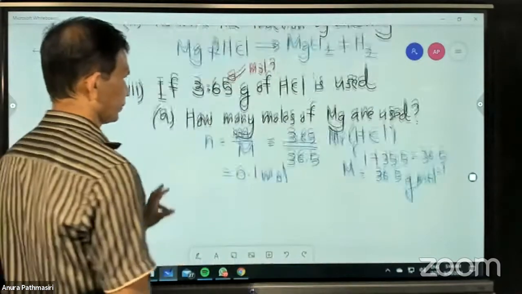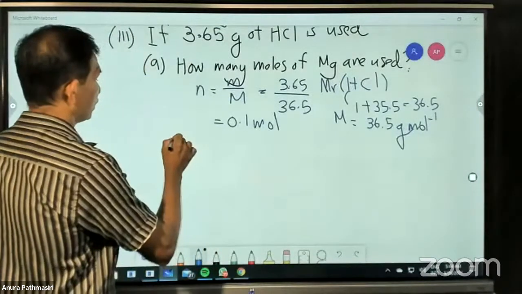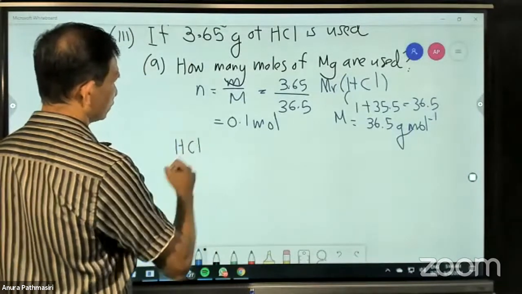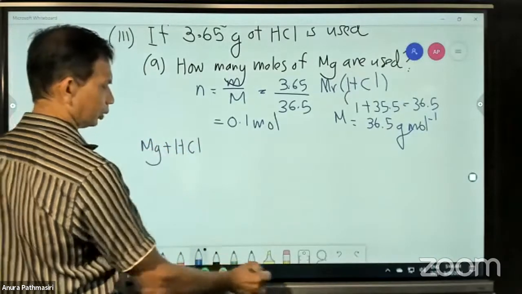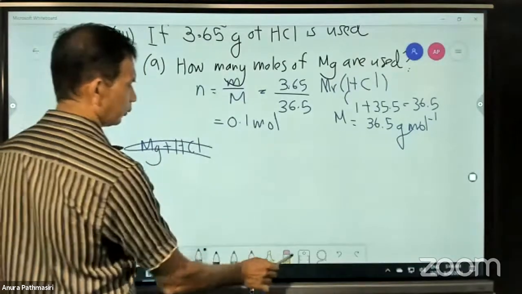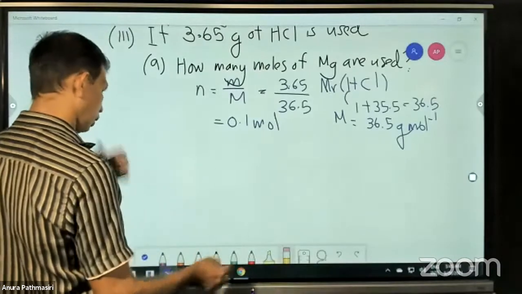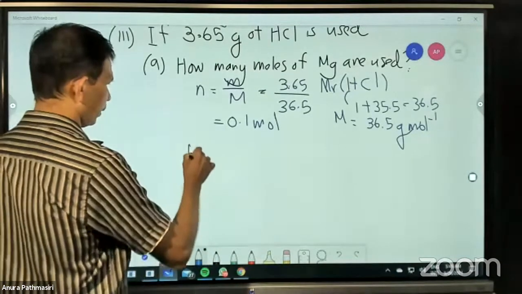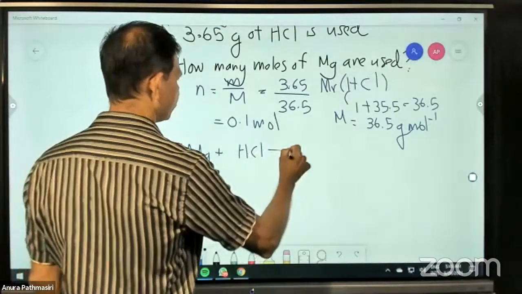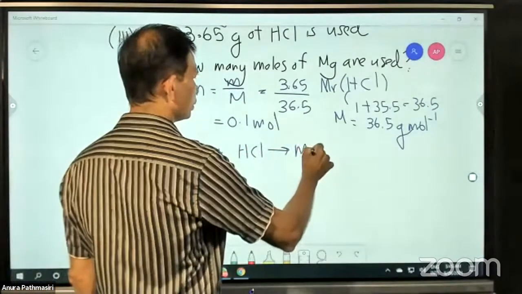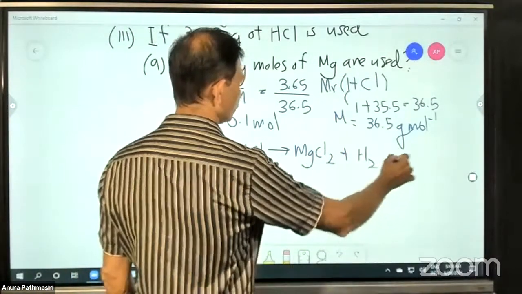Now the problem comes, right? I'm writing that again. Mg plus HCl gives MgCl2 plus H2.